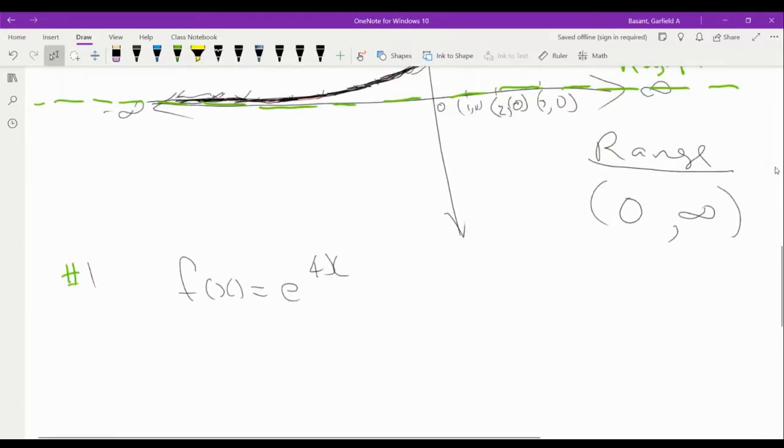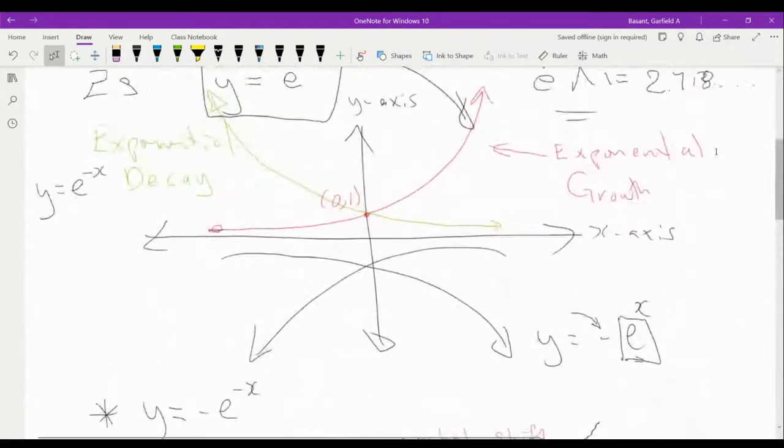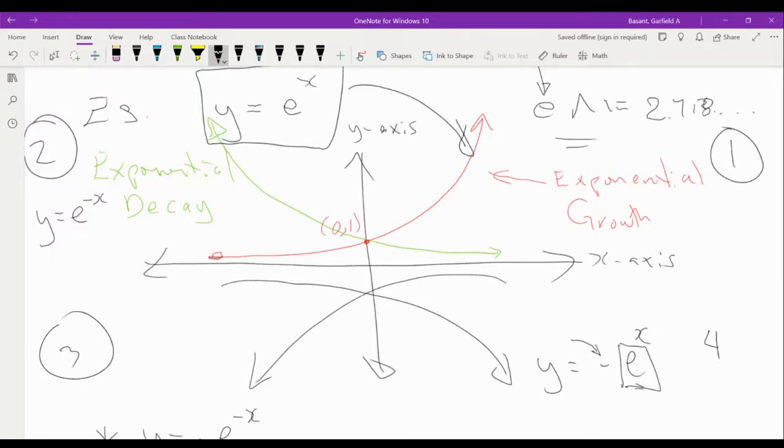Now, if you go back up to the top, to all our graphs, let's number them. This is number 1 over here, number 2, number 3, and number 4. Which graph would e to the 4x look like?